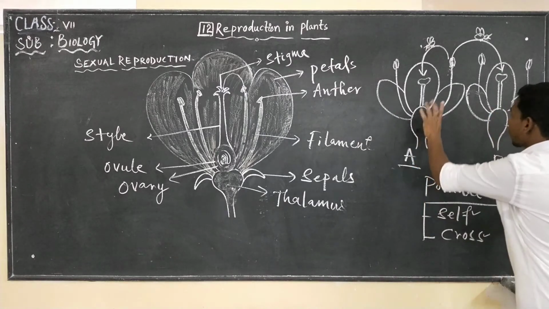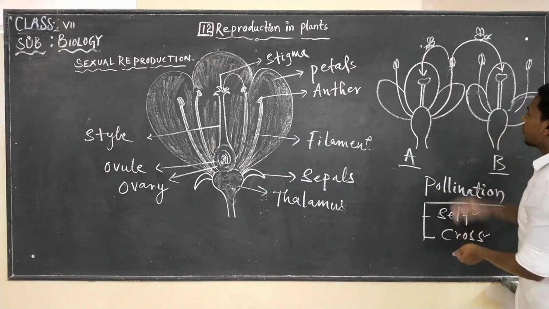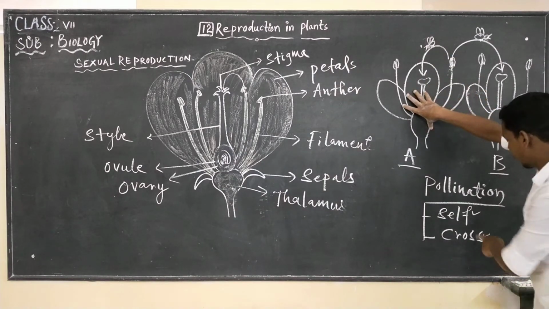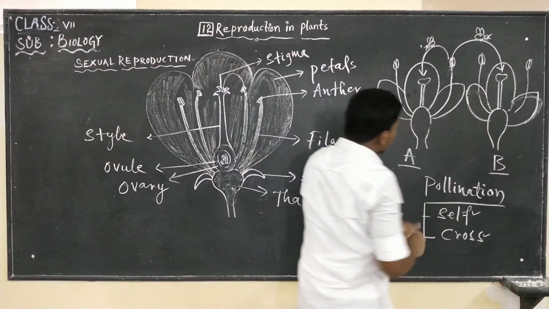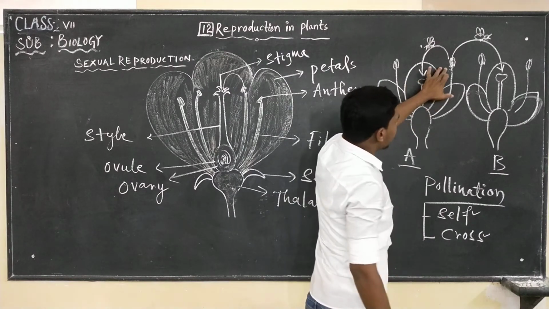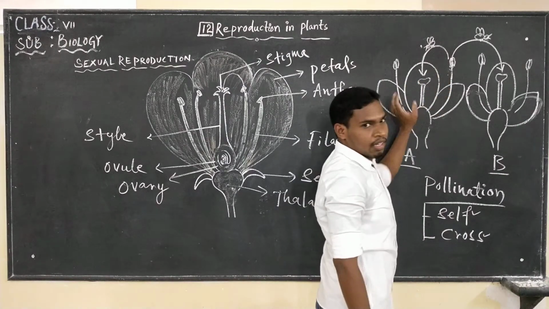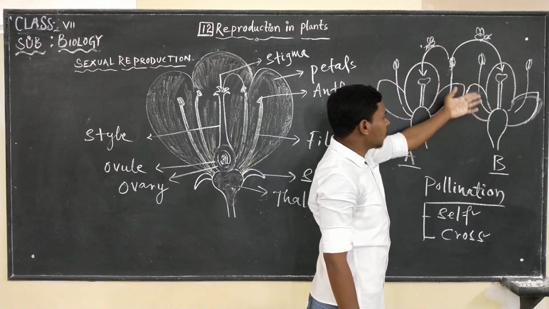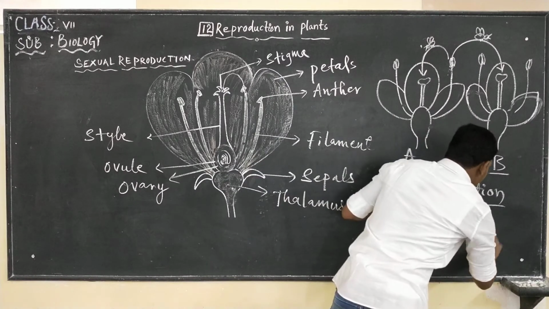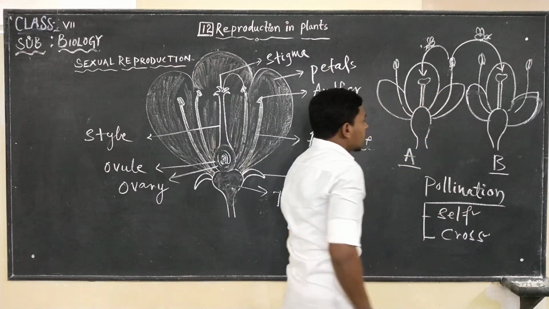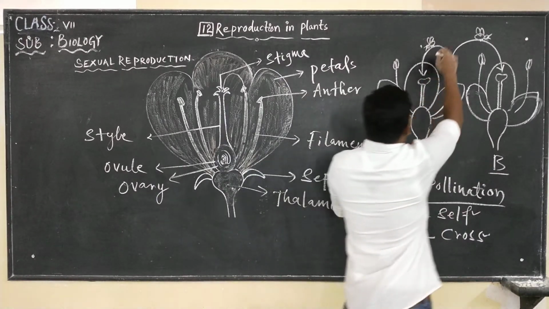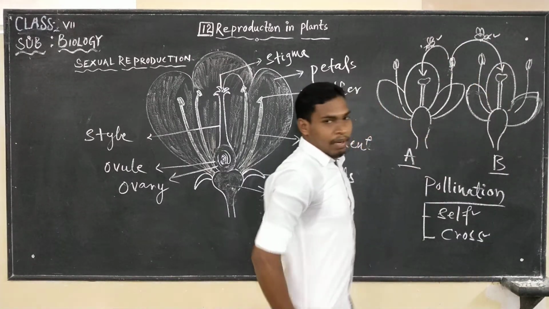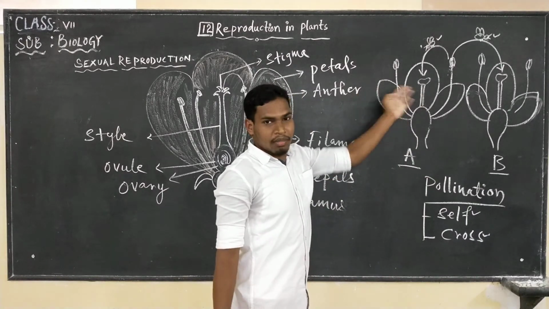So self-pollination means transfer of pollen grain from anther to stigma of the same flower, and cross-pollination means transfer of pollen grain from the anther of one flower to the stigma of another flower. Insects play a vital role in transferring the pollen grains.